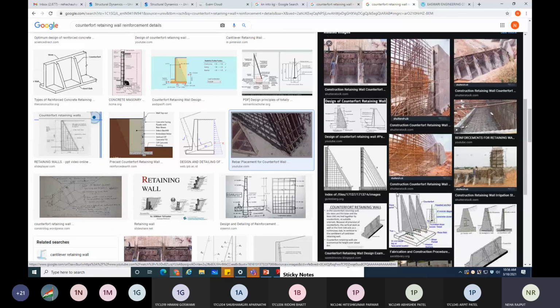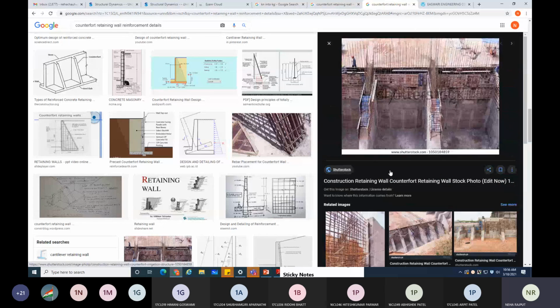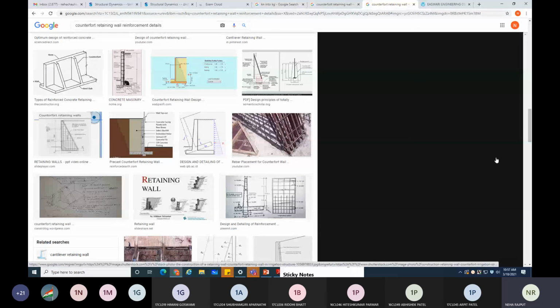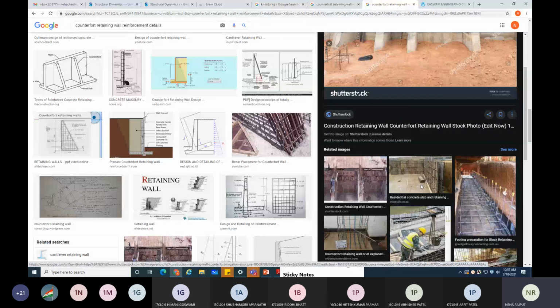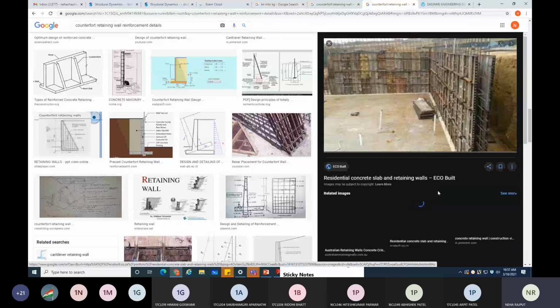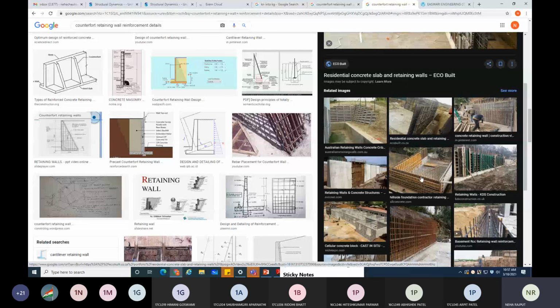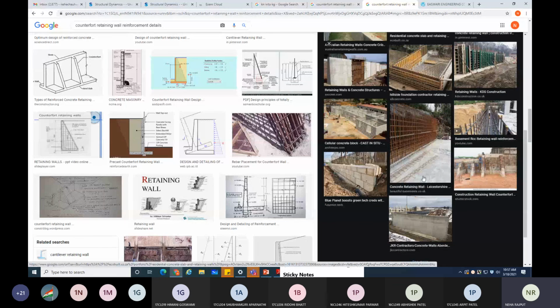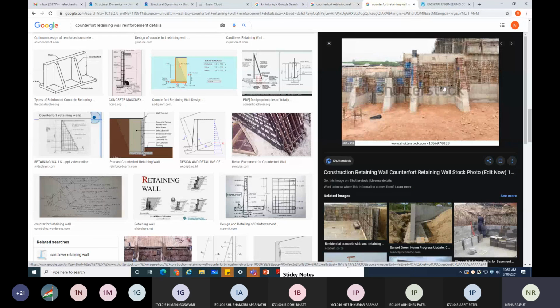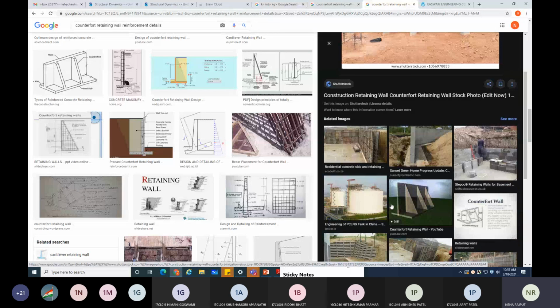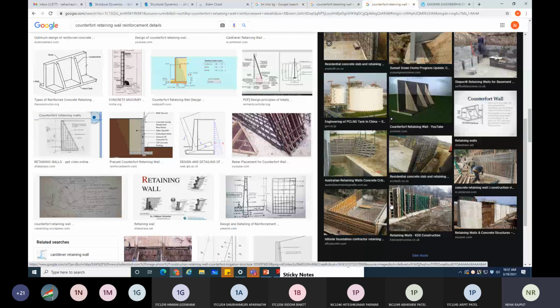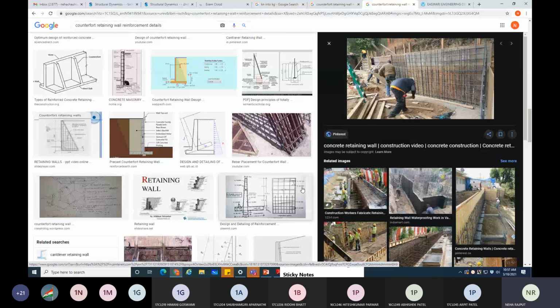If any figure I can find, actual figure. This is also one of the wall. Cantilever wall. Right. This one is the counterfort, because counterfort member is provided. Yes, here also you can see.